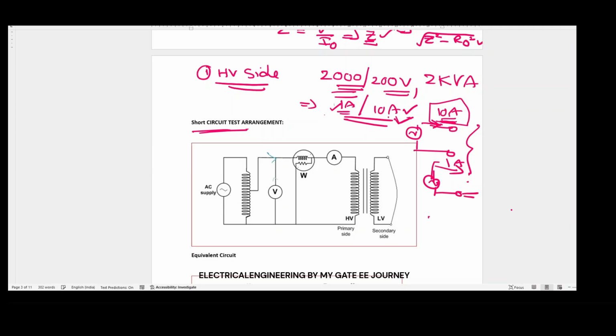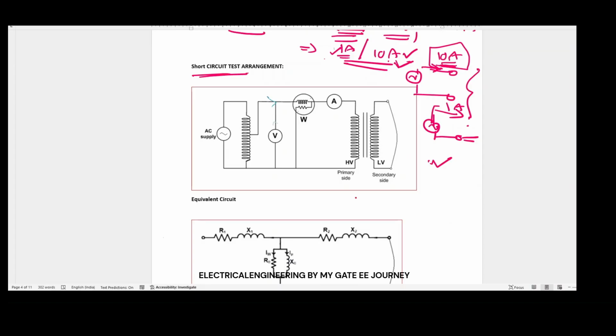That is the reason we generally prefer the SC test on the HV side. And one more thing: on the HV side we don't need that much voltage, because to ensure rated current we need very less voltage.